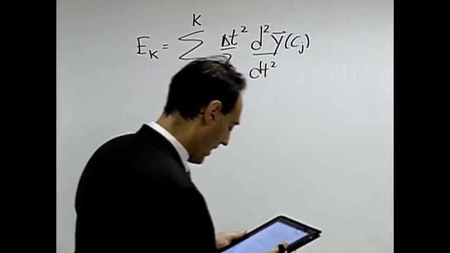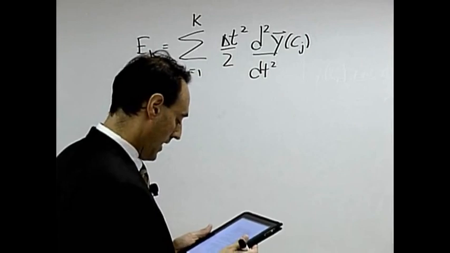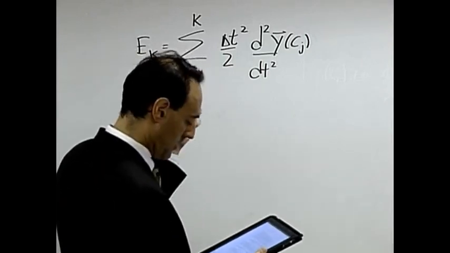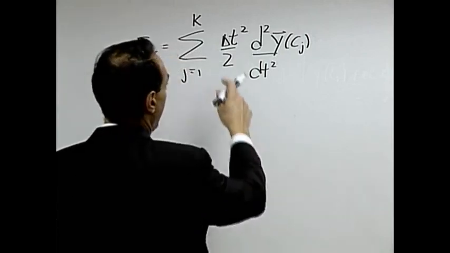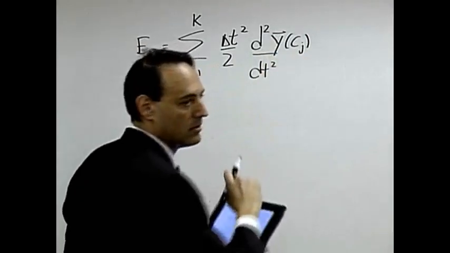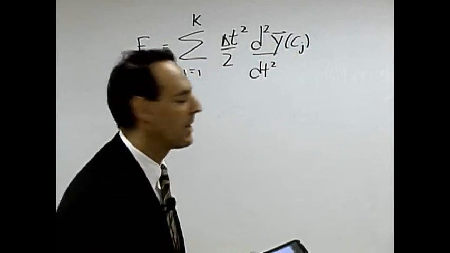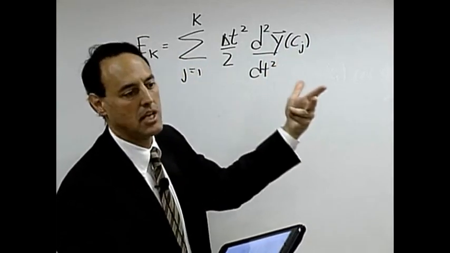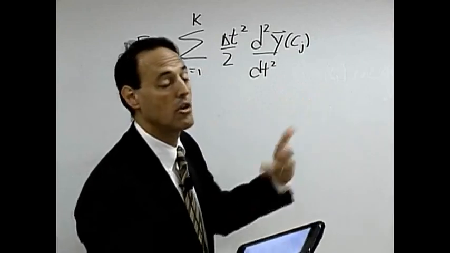But I'm going to make the following observation: if I take k steps of this, I have k of these. What if I took an average value of the second derivative? Every step I take, this number will change slightly, but I can take an average value of that second derivative. I don't know what it is.